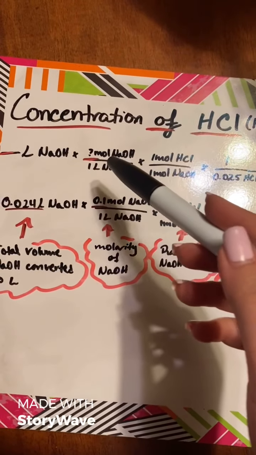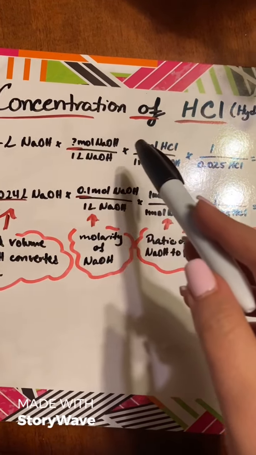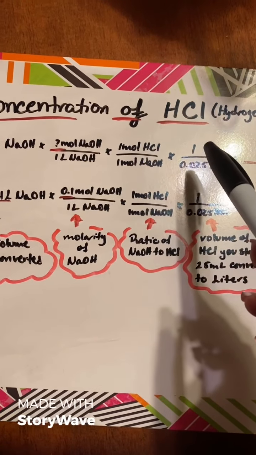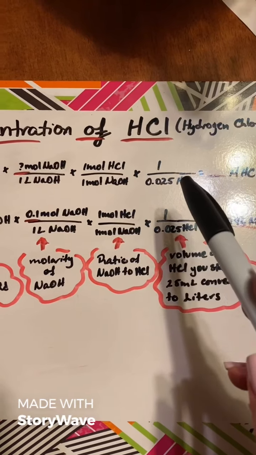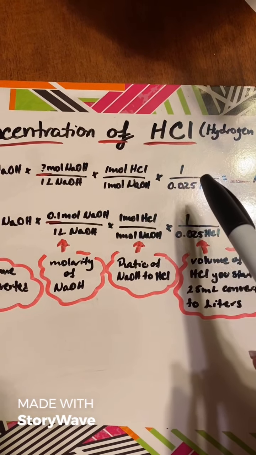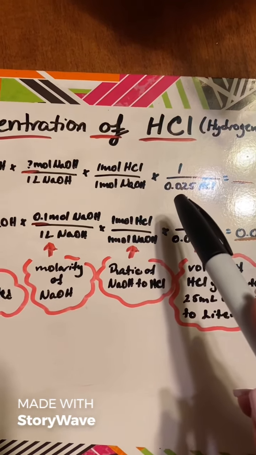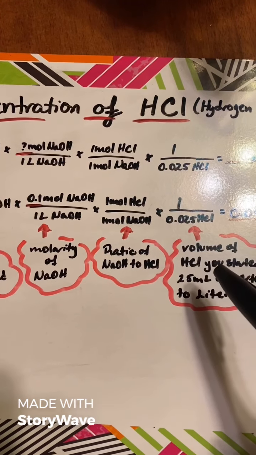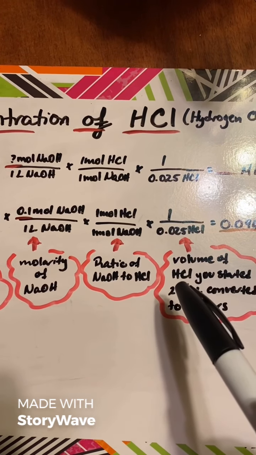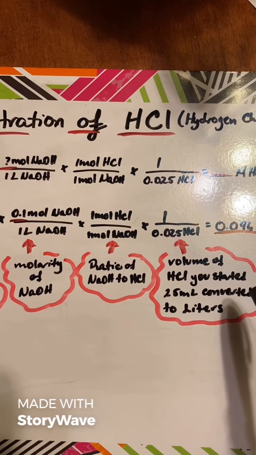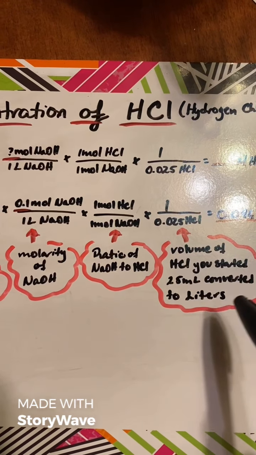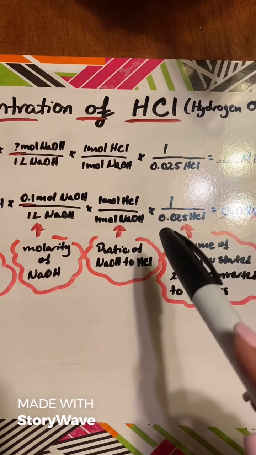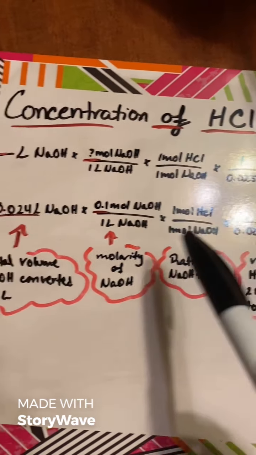And now for our final part, we have our concentration of hydrogen chloride, which we have here the formula, but we added 1 over 0.025, that is the volume of hydrogen chloride that you started with, that was 25 milliliters converted to liters, which is 0.025.